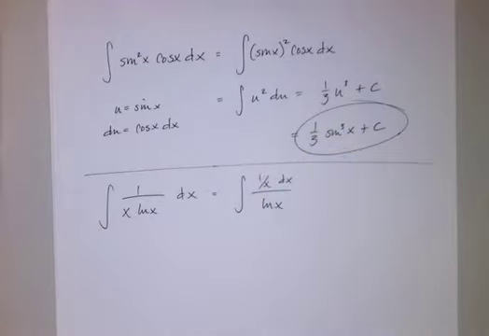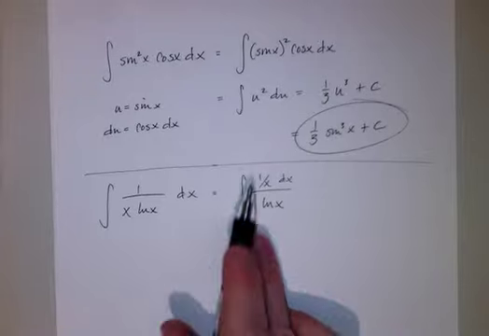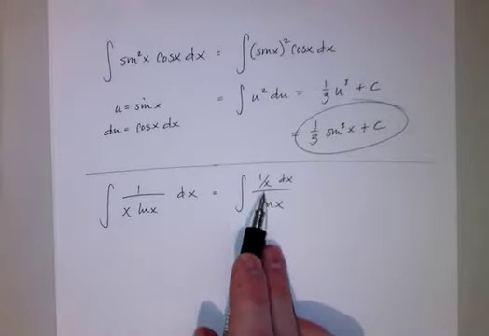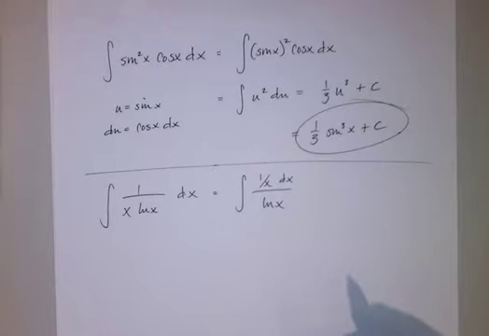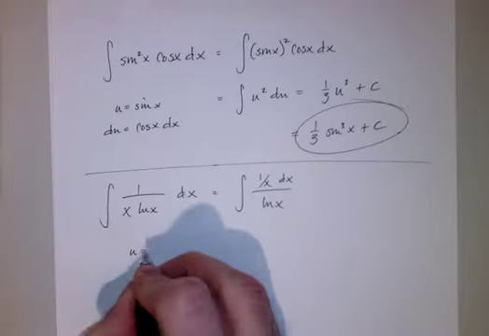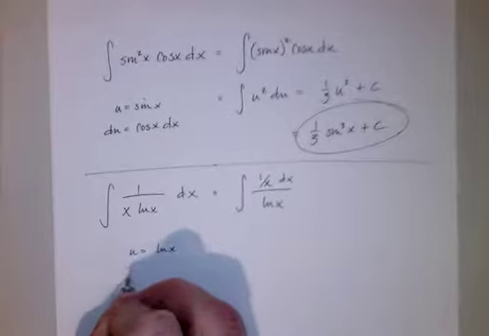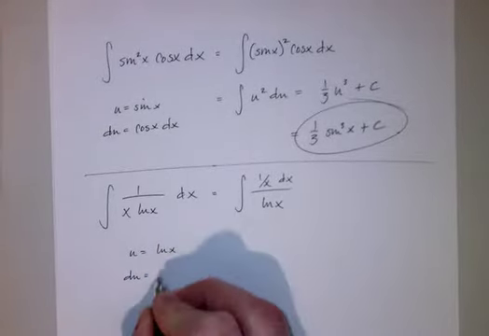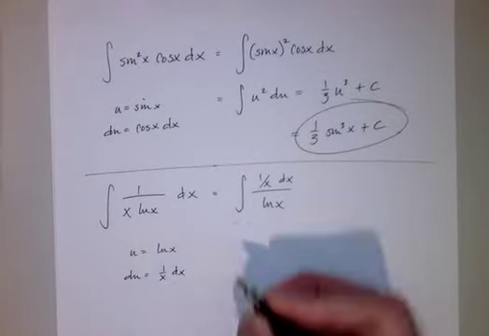Once you rewrite it like that, you can actually pull that x up and have it be 1 over x in the numerator. It's the same thing. And all of a sudden, you go, well, if my u is natural log x, then my du is 1 over x dx.